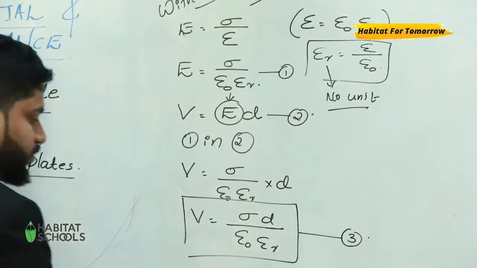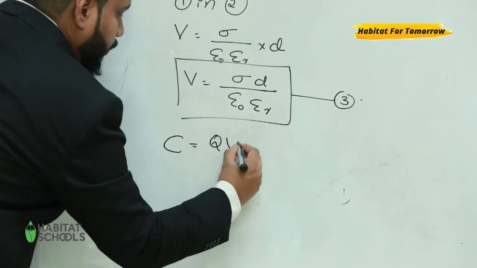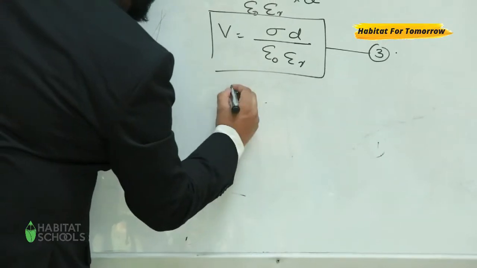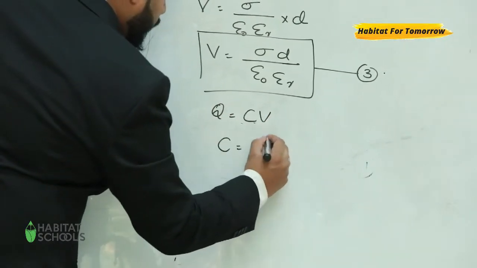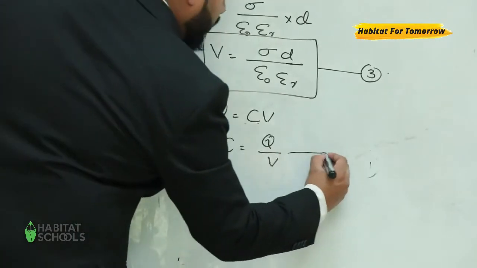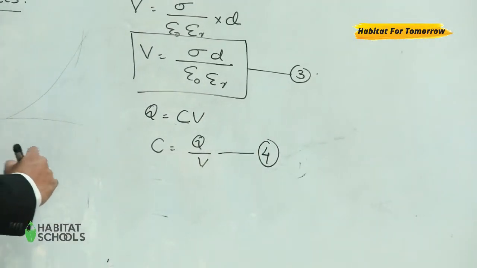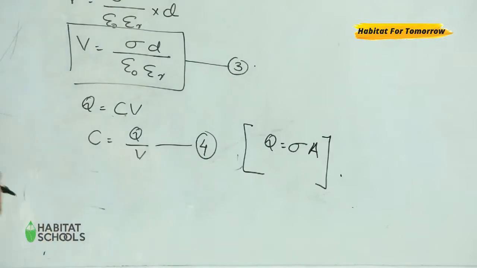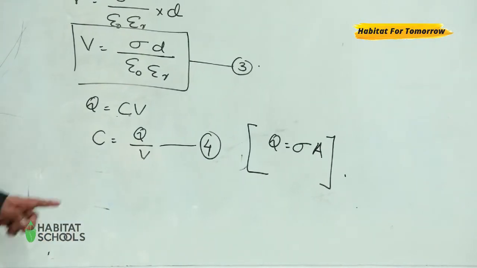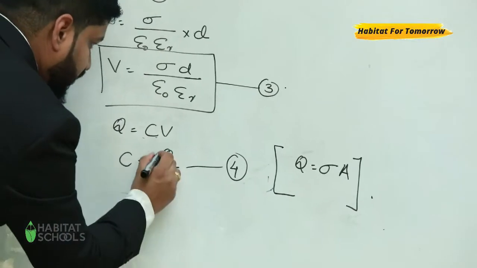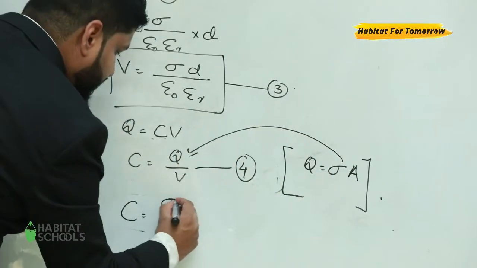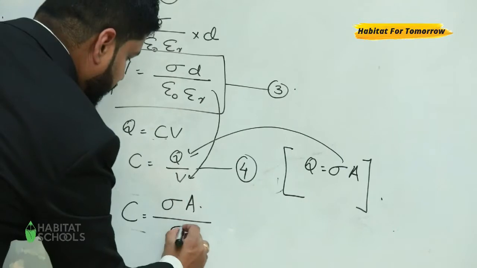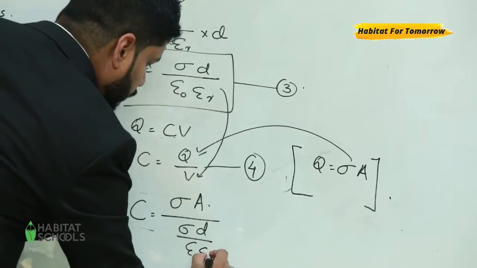Capacitance equation. What is the equation of capacitance? Q is equal to CV, then C is equal to Q by V. That is equation number 4. And here also, instead of Q you can substitute sigma A, because charge is distributed on the surface. So C is equal to sigma A divided by, instead of V you can substitute this equation, that is sigma D by epsilon 0 epsilon r.